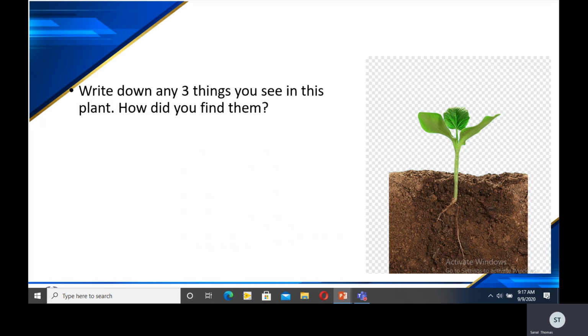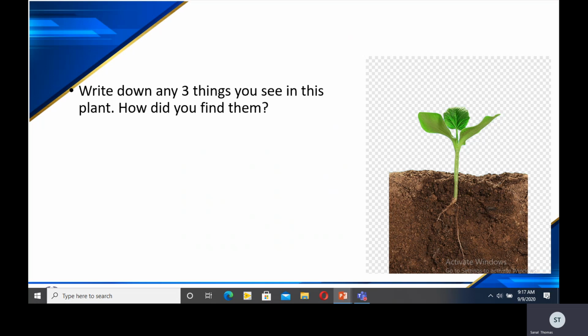So here you can see one picture. Can you write down any three things that you see in this plant? How did you find them? Some of the features of the plant are that it is green in color, it has leaves, and it has a stem and roots.